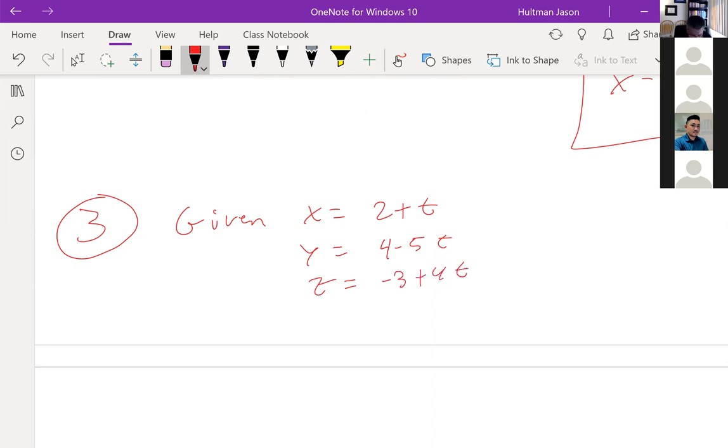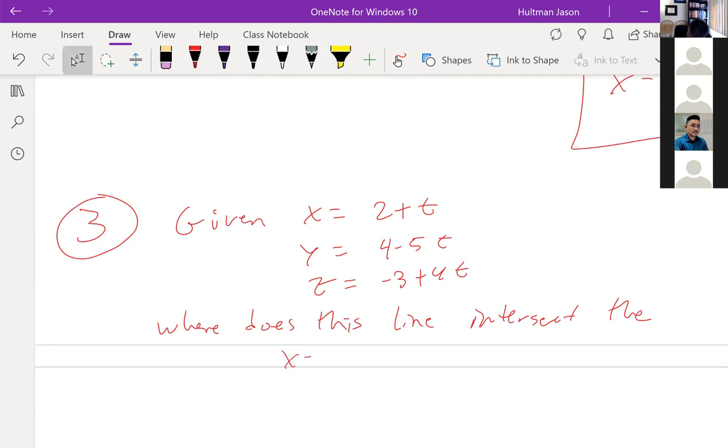Where does the line intersect the xy plane? Where does that line intersect the xy plane?